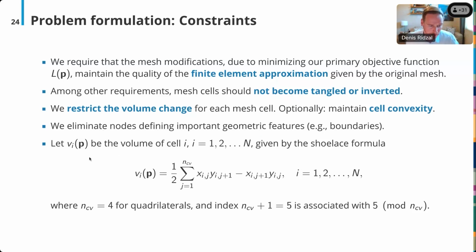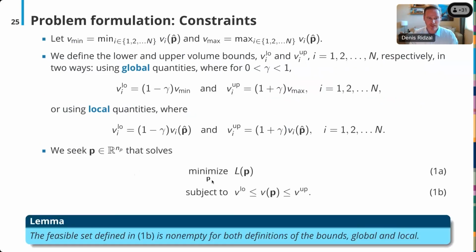The constraints are defined using the quantities Vi of P, which are the volumes of the cells. For quadrilaterals, they are given by the shoelace formula, which we give here. These volumes will form our set of constraints. In addition, we will look at the minimum volume over all cells and the maximum volume over all cells, given by the original vertex configuration P hat.